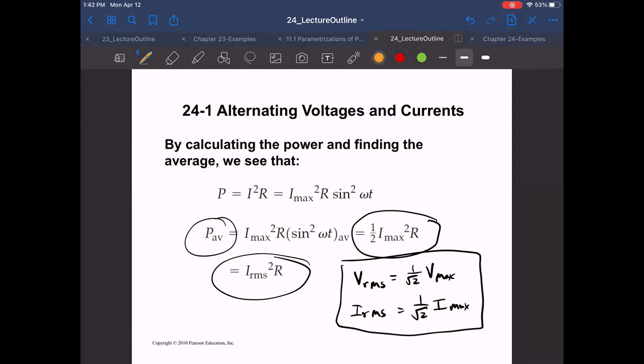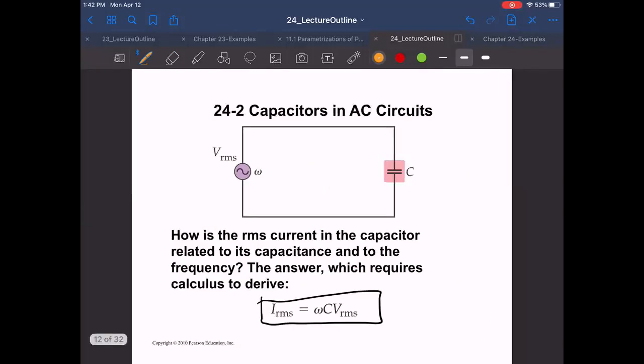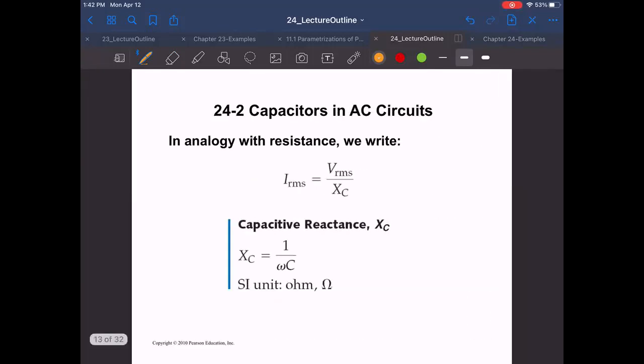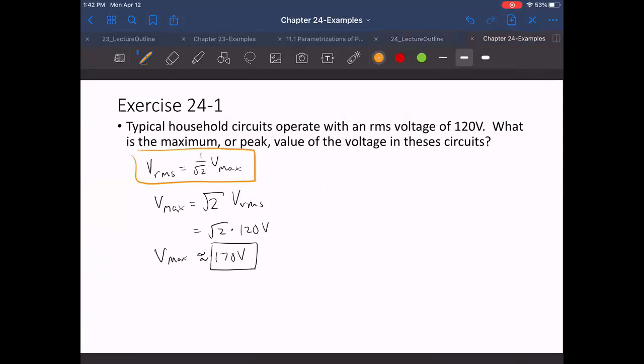If you remember your calculus 2, you can actually go through and take the average of the sine squared function, and you will get 1 over the square root of 2. You'll get that square root of 2, it'll show up. Feel free to try it. I know some of you can do that, or at least you used to be able to.